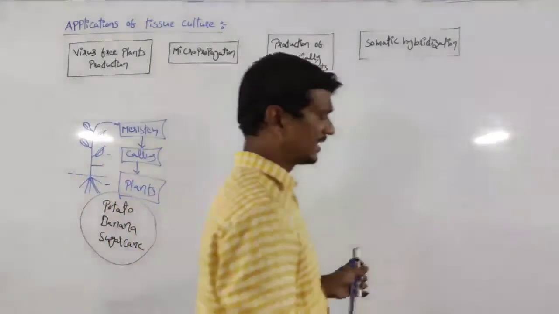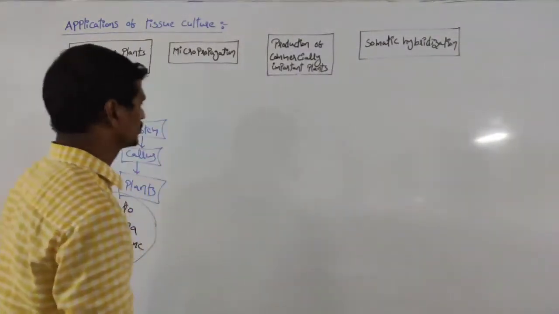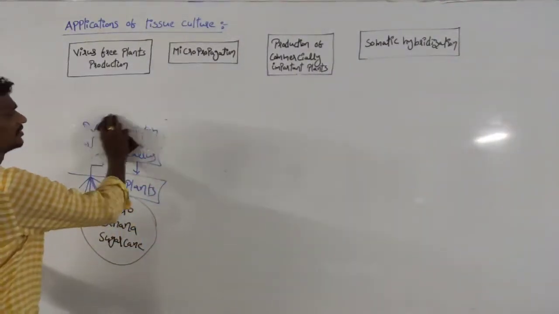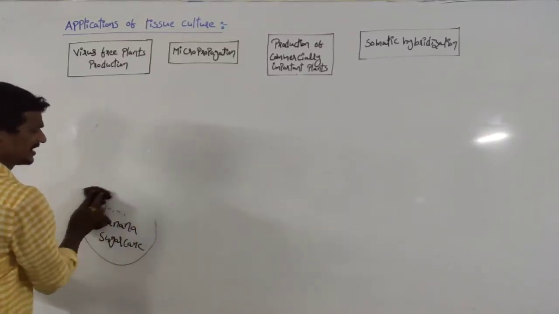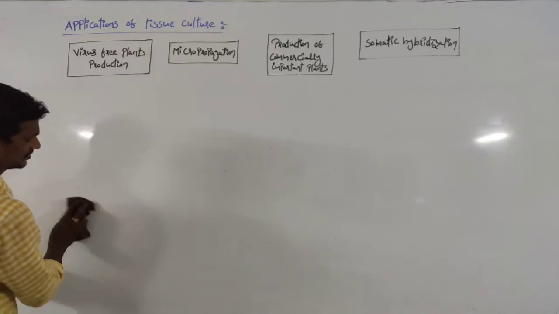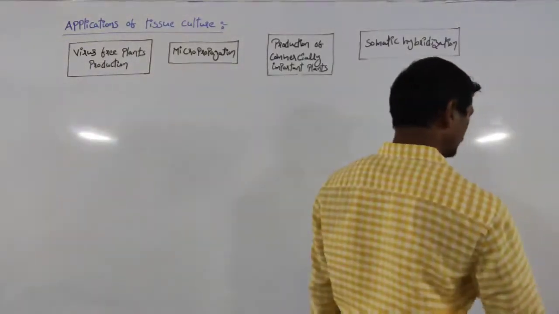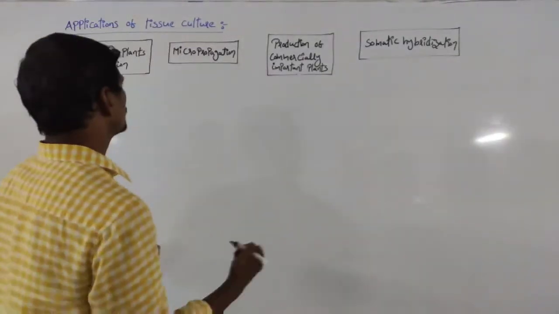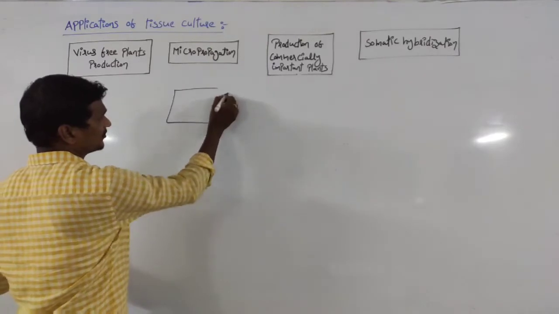And next is micro propagation. Micro means small. Propagation is nothing but the production of plants. Right? So within a small area, many plants are produced.